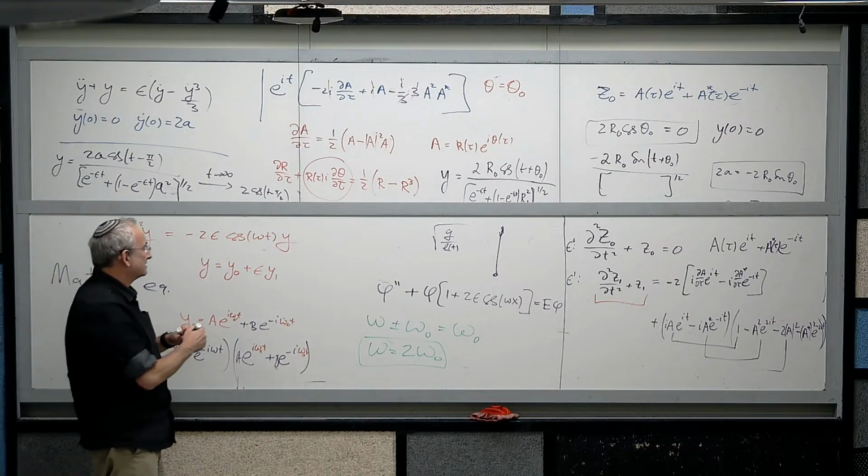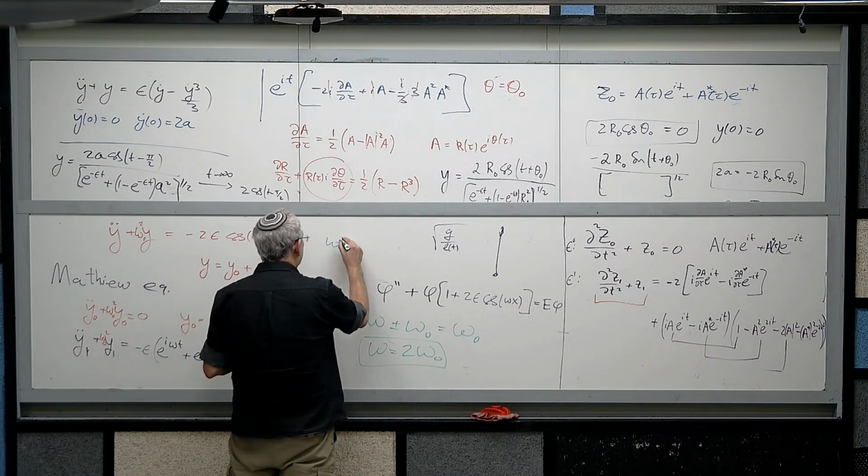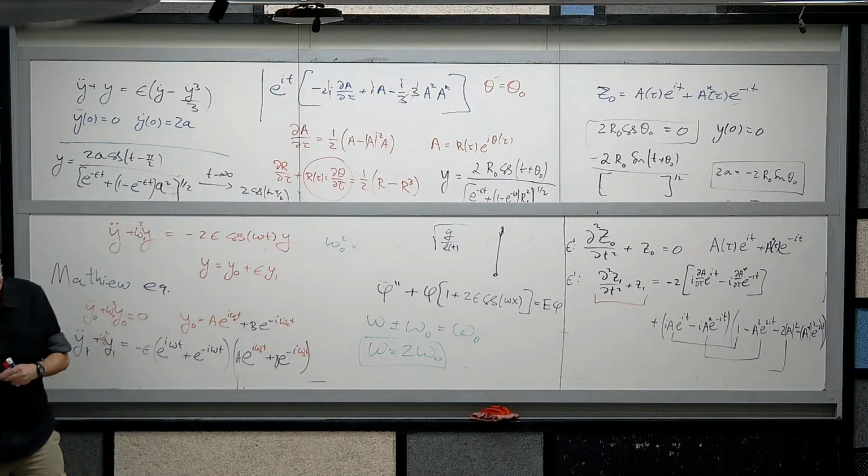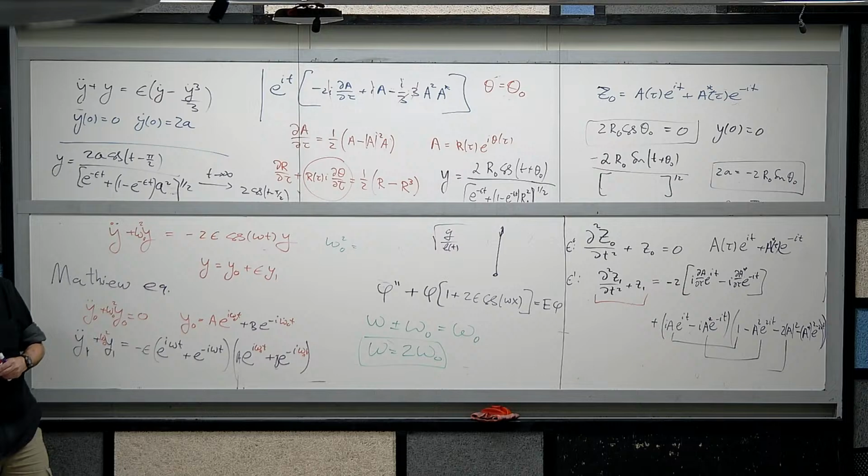There are resonances when omega naught squared is n squared over 4 omega.